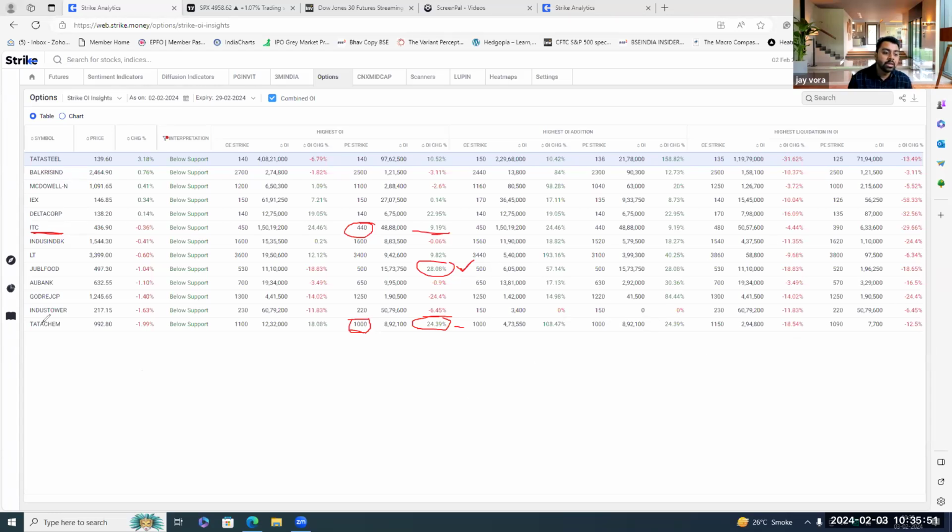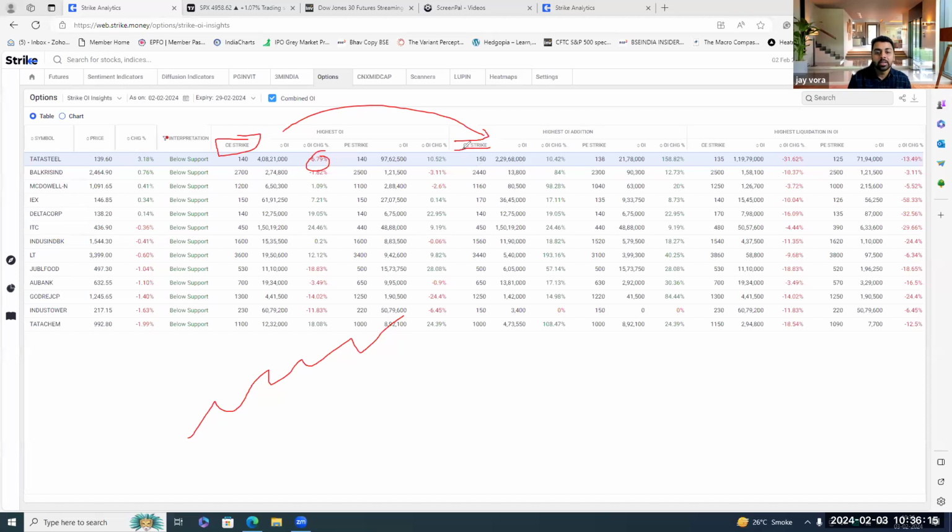So if the stock is in an uptrend, then every time you will see that the call option is getting unwound, and you're seeing the OI addition shifting to higher strikes.